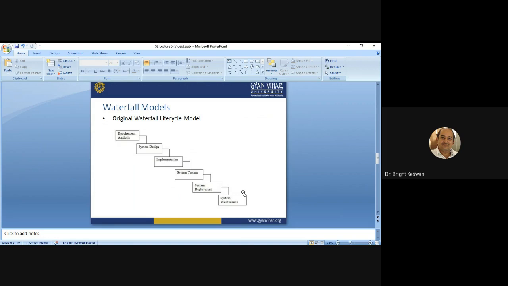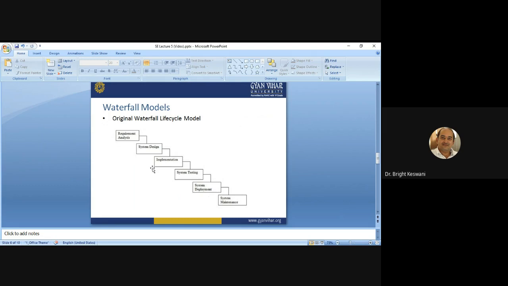This criticism really applies to a predecessor life cycle called the stagewise. Okay, so we can say it is a stagewise development. After the first stage is totally completed, you can start the second stage, and the third stage, and the fourth stage, and the fifth stage, and the last stage.